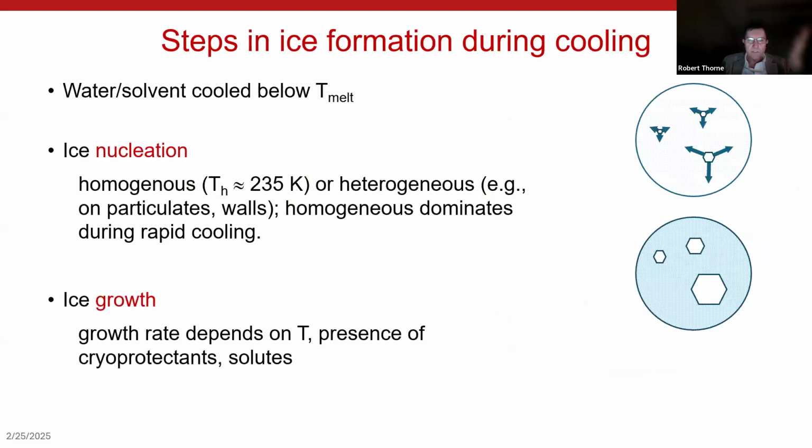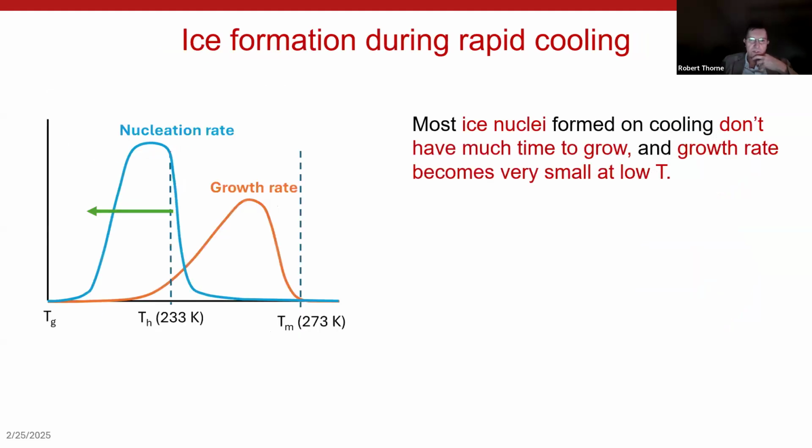So when you're cooling fast, generally the first thing that happens is ice nucleation. And if you're cooling fast enough, not much happens until you get near the homogeneous nucleation temperature, around 235 K. So then ice crystals form, and then those crystals can start to grow as you cool further.